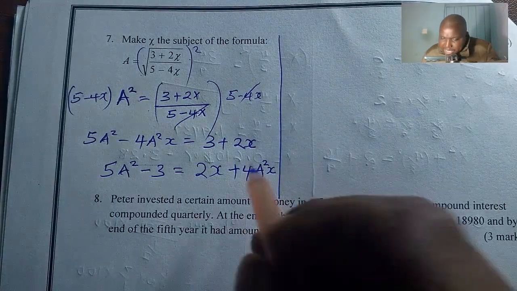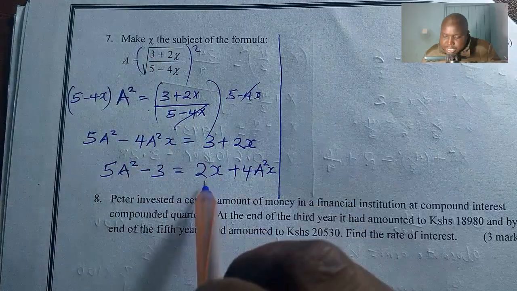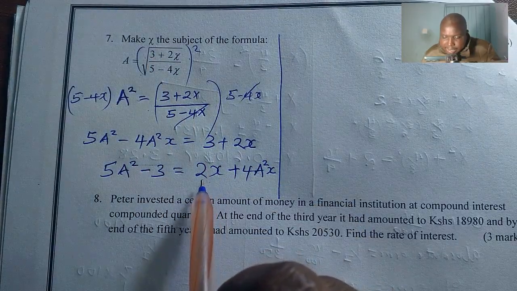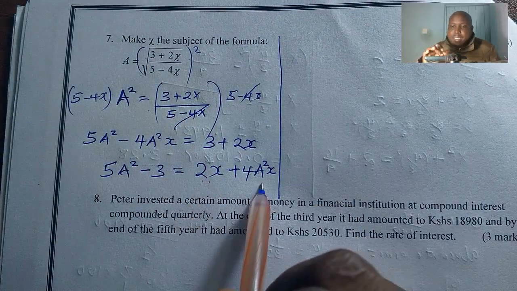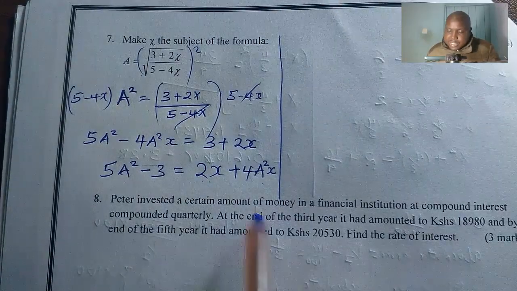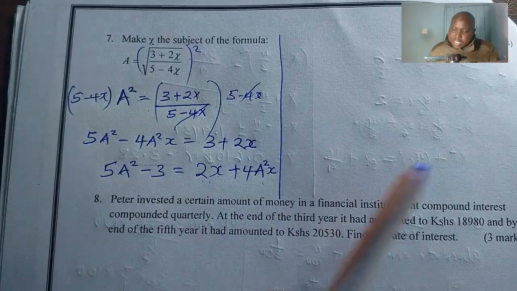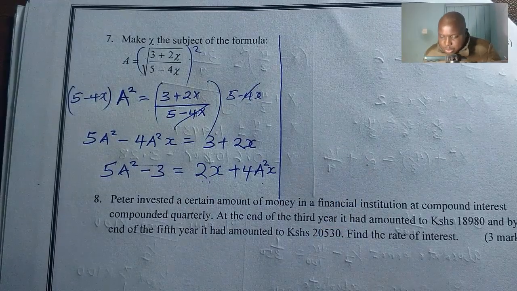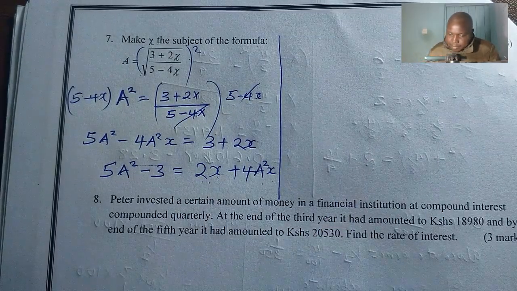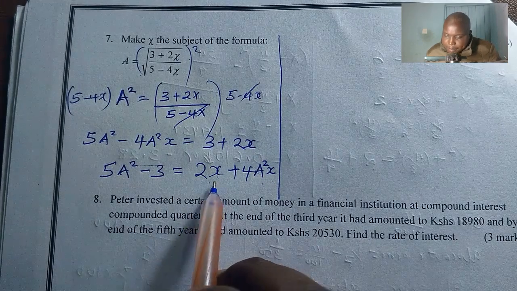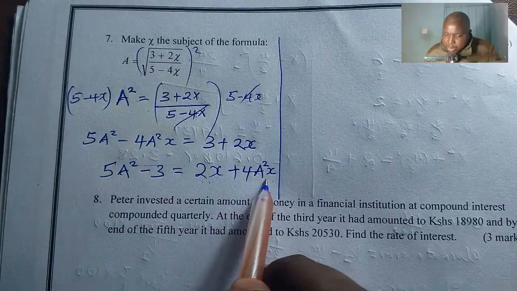Because we are making x the subject of the formula, you need to bring the terms with x together, so that you can solve it easily. The next step, x is the common factor here now.